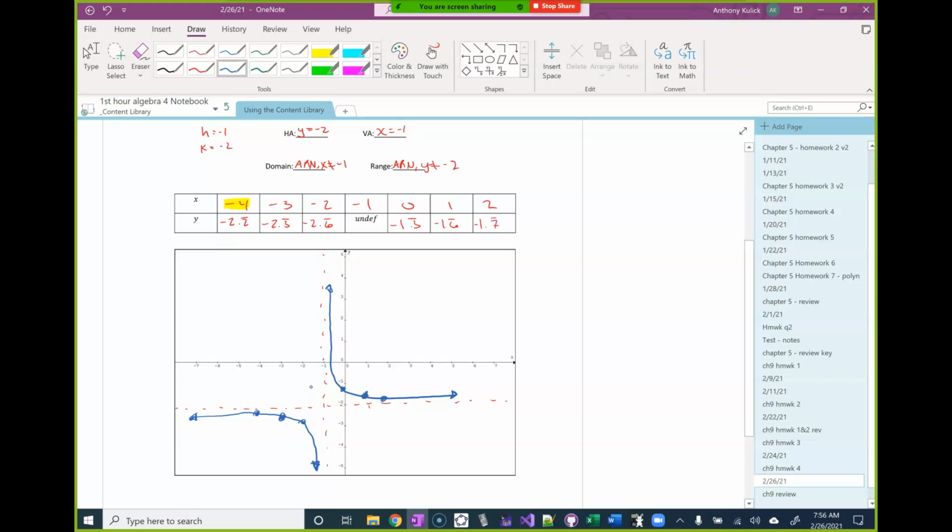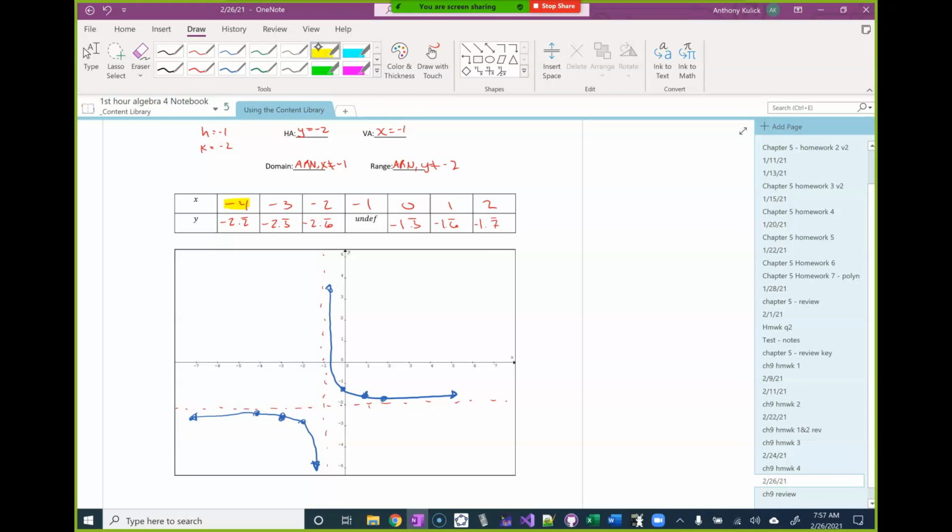And there we go. Coolsville. Again, the tricky part was figuring out that vertical asymptote piece, but once you did that, it was no big deal.